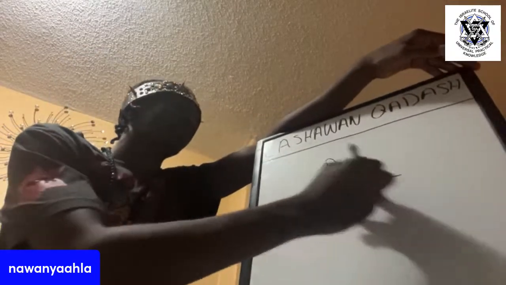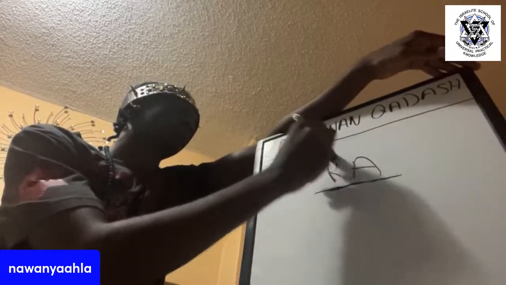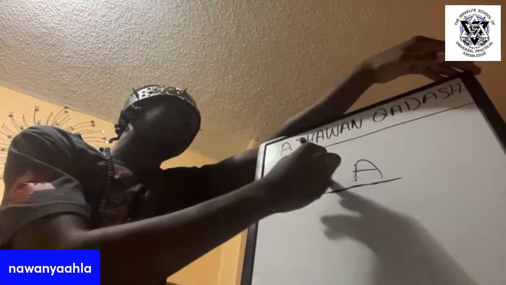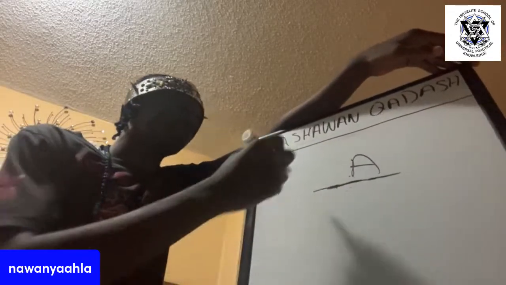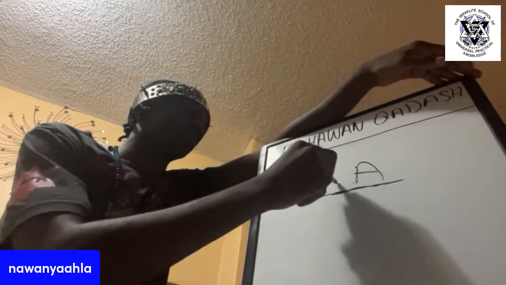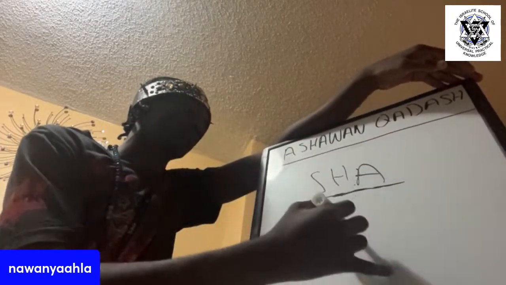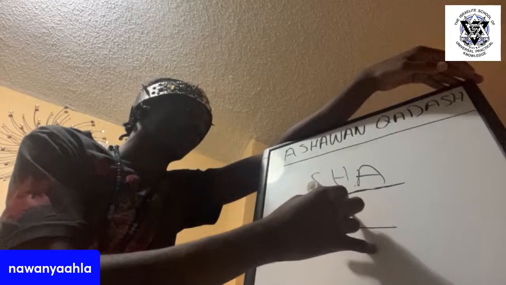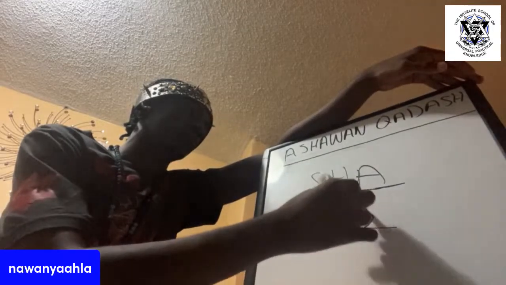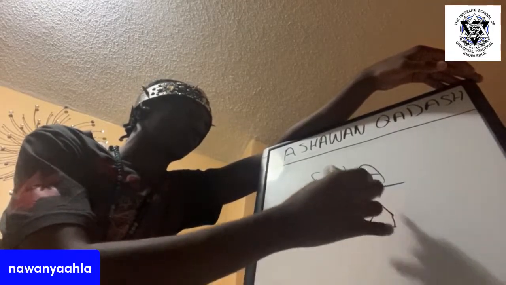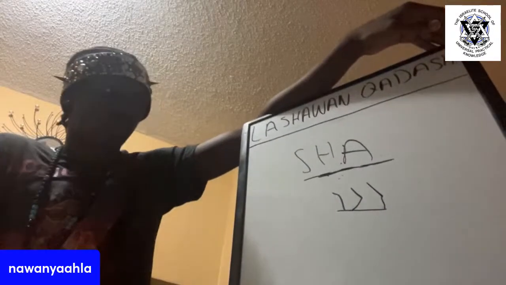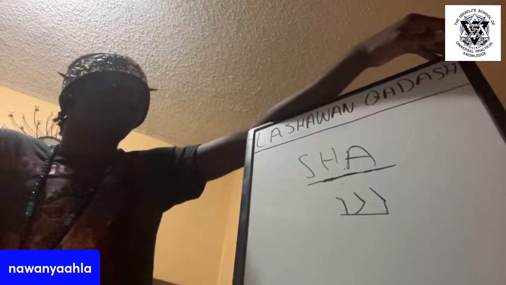Next up, we got the Shah. The Shah, not too much changed about it from the Paleo. That's the Shah in the Assyrian Hebrew.